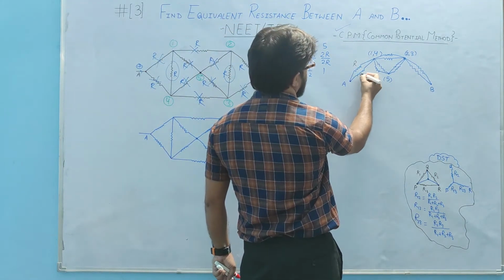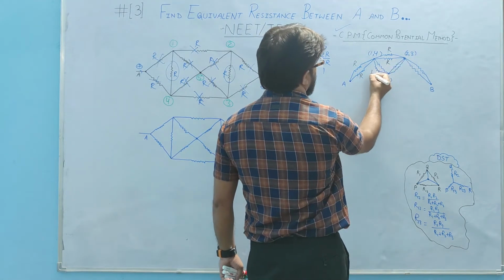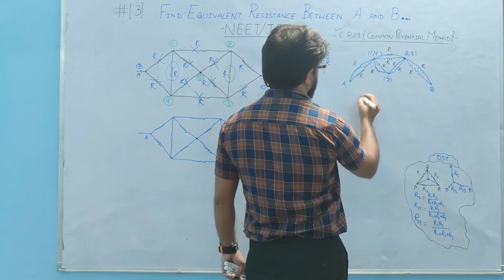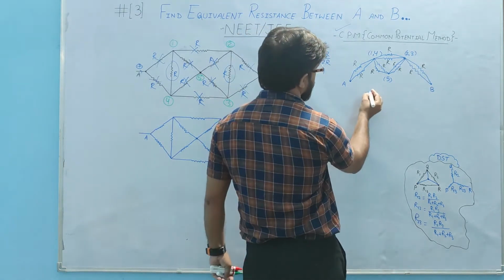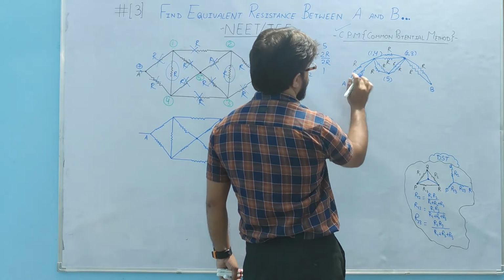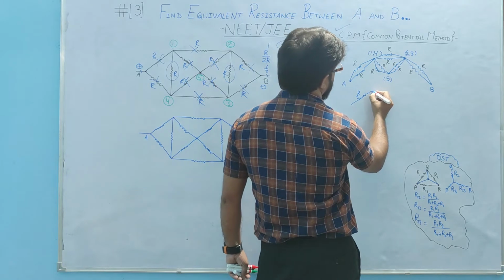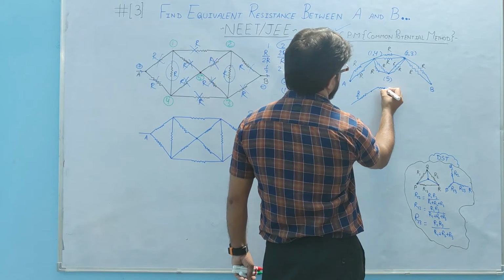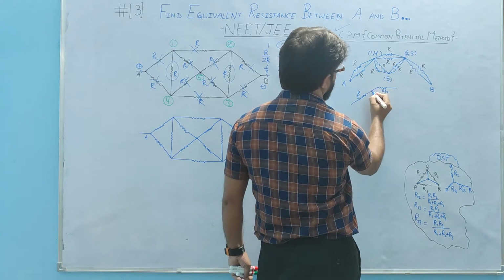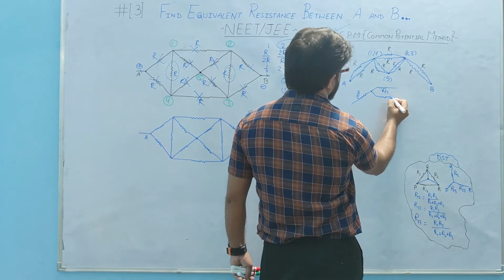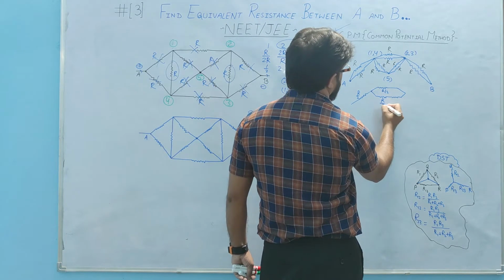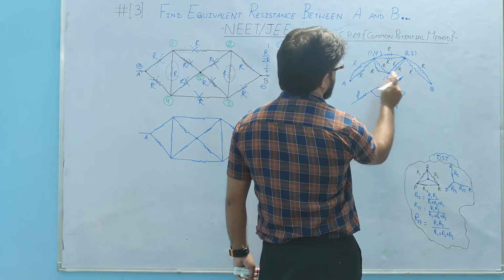Parallel combination of R R, R R, R R. Now if I redesign this, R by 2 is the parallel of R and R, and this branch is also R by 2, this is also R by 2, this is also R by 2.